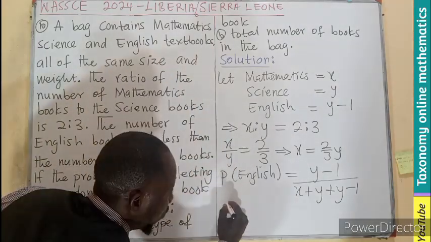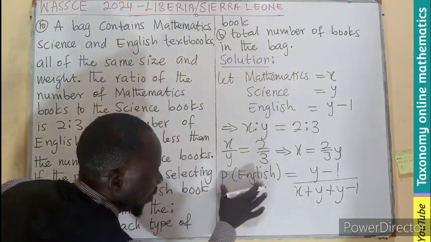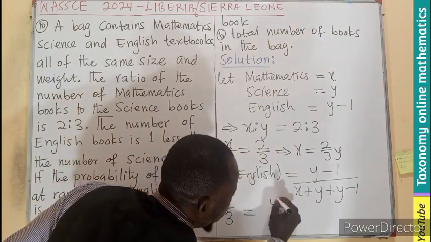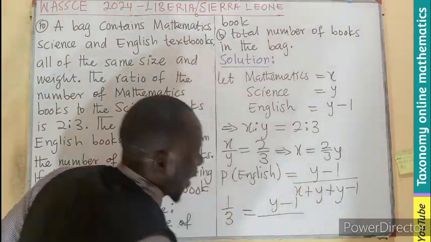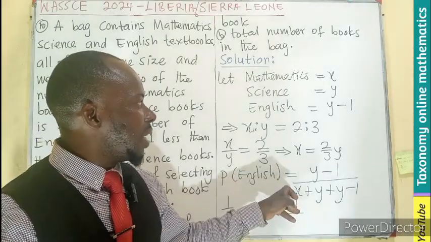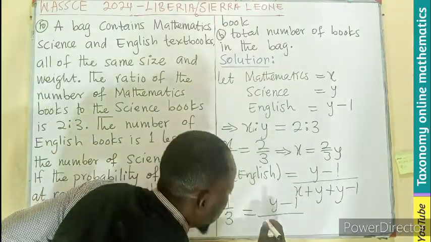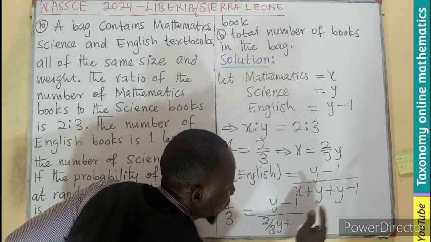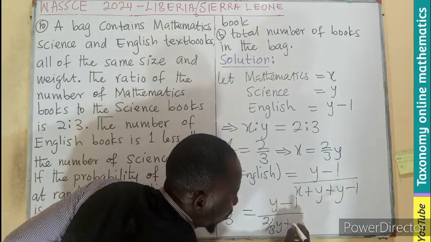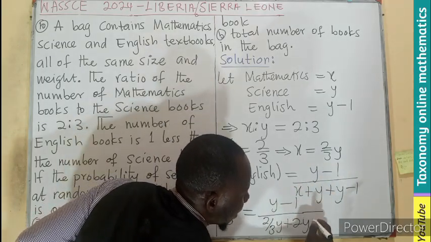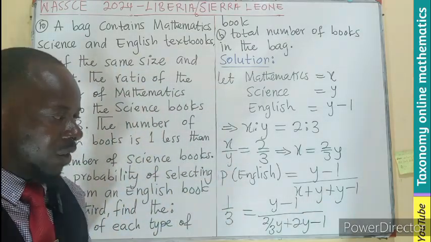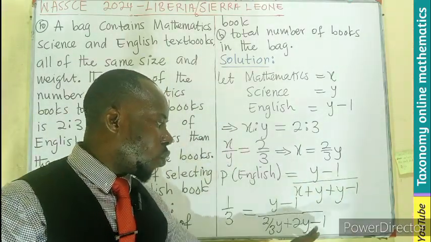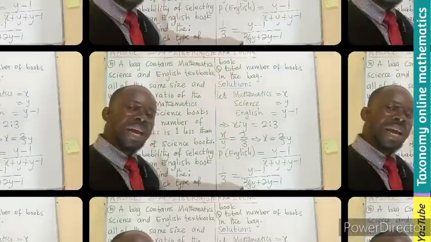So this becomes 1/3 representing the probability equals Y minus 1 divided by X, having its value as 2/3 Y, plus Y here will be giving you 2Y, then minus 1. Don't forget this is Y plus Y minus 1. So 2Y minus 1.